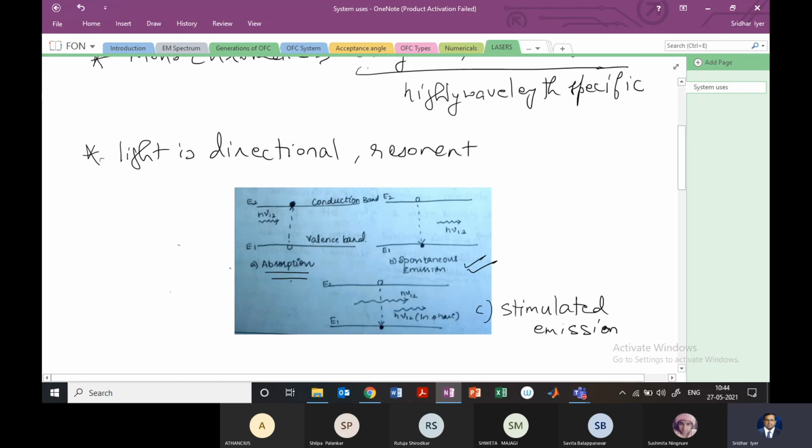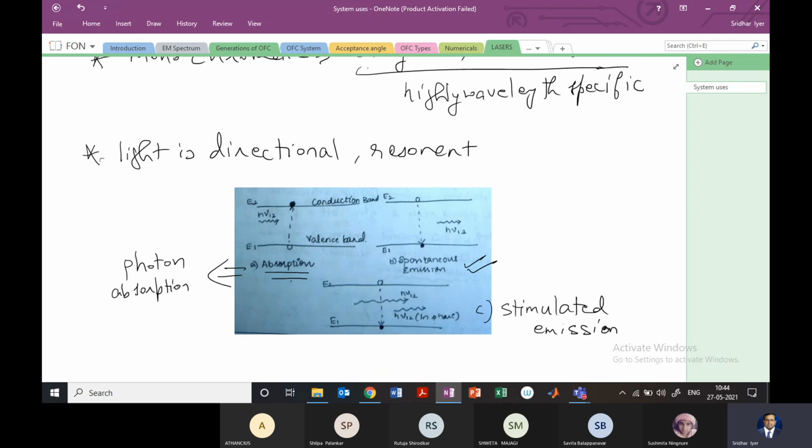So to make this more clear, diagram A is photon absorption. This also occurs in the LED. In the diagram, we are just considering two levels of energy. E1 is the ground state or the valence band, and E2 is the excited state or the conduction band. And like I explained to you, the electrons want to be in the valence band, it is stable. They do not want to be in the conduction band because that is unstable.